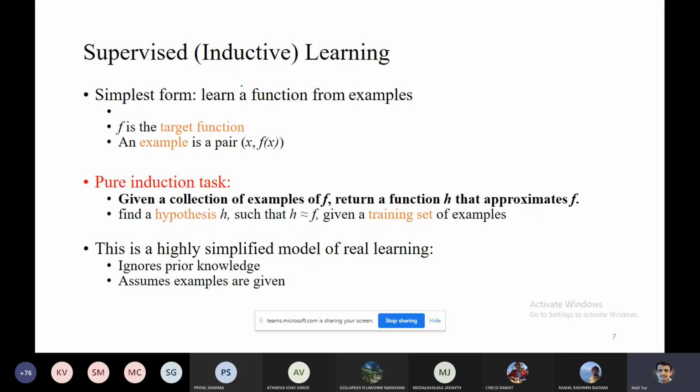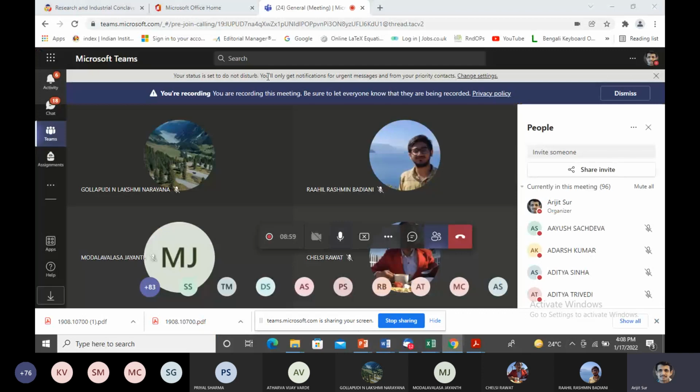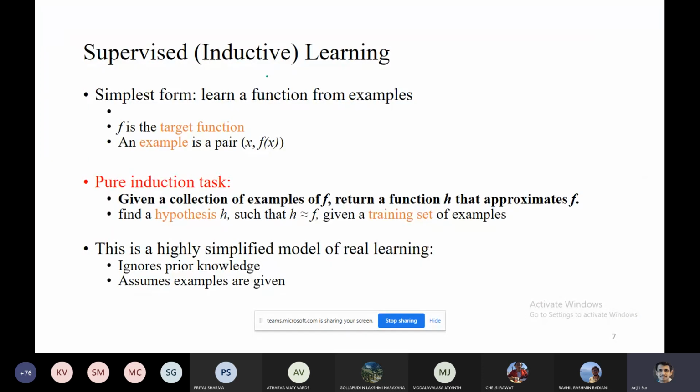In the supervised setting, a set of examples is given, and we try to find a function from these examples, or we devise a function, called the target function, so that it can accurately or precisely say the class relationship, or kind of class belongingness, of new images or new examples.